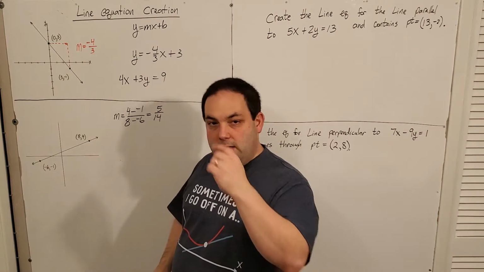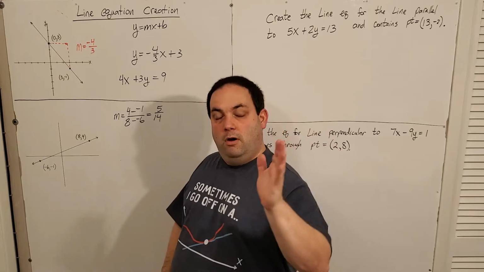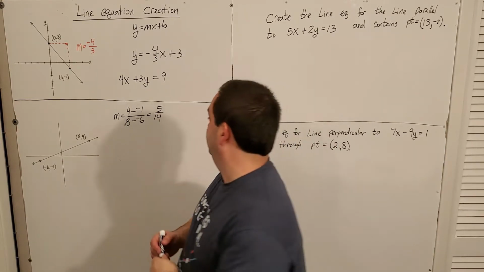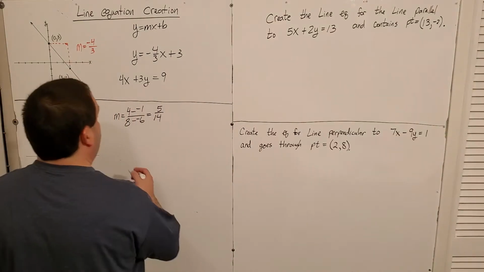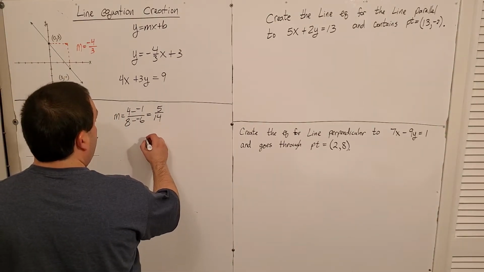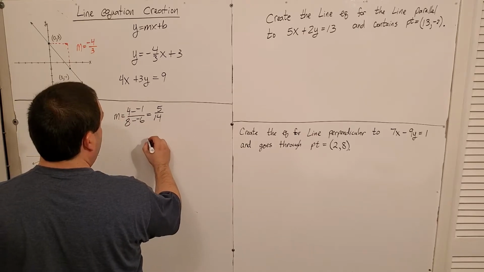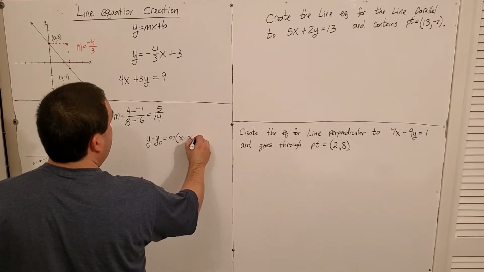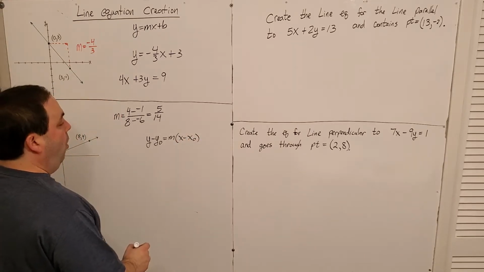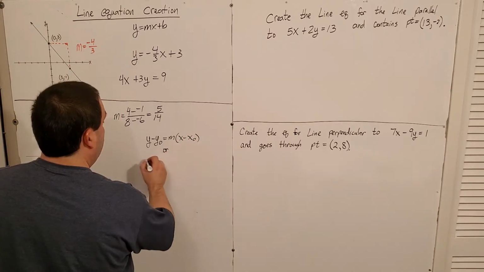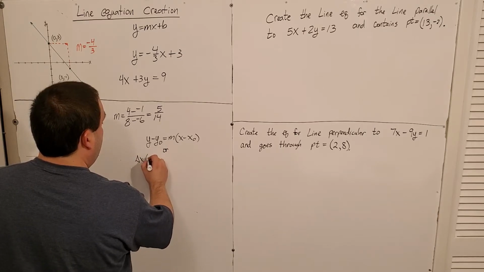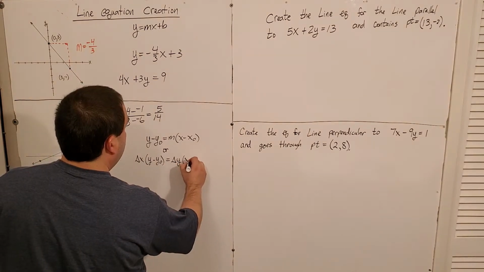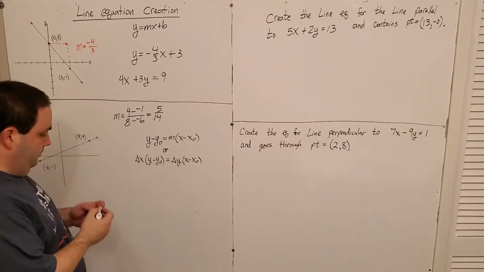That's all you need to use the other equation that I showed you to create a line equation, and that is point slope. Remember, we had 2 different forms of this one, right? Either y minus y naught equals m times x minus x naught, or delta x times y minus y naught equals delta y times x minus x naught.